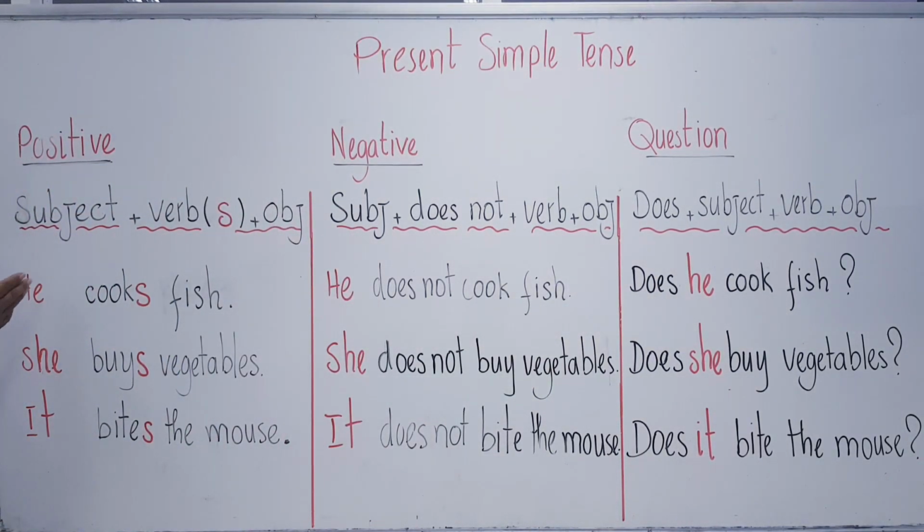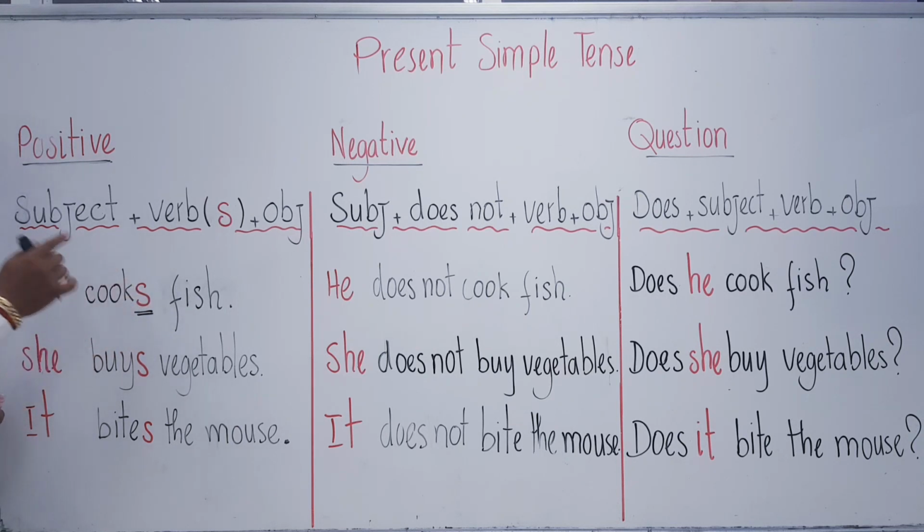Now, let's have a look at the example. He cooks fish. So why do we have S here? The thing is that when we use the third person singular, we normally add S to the base form of the verb. But we use it only in the affirmative or positive form.